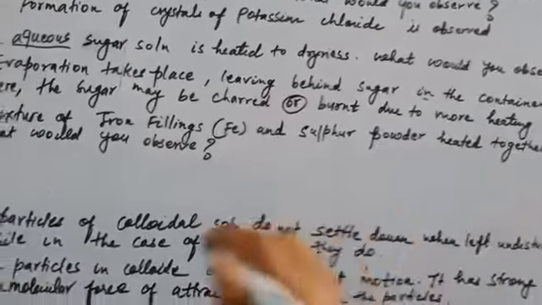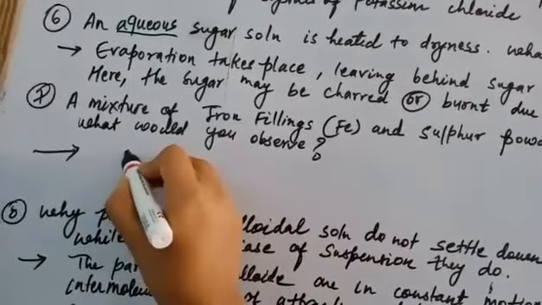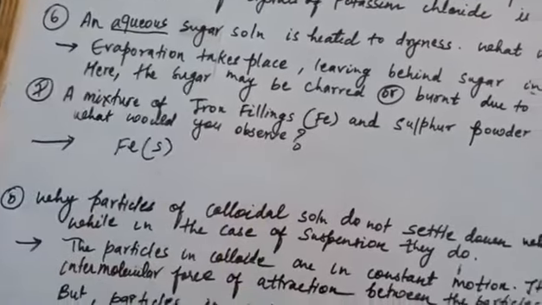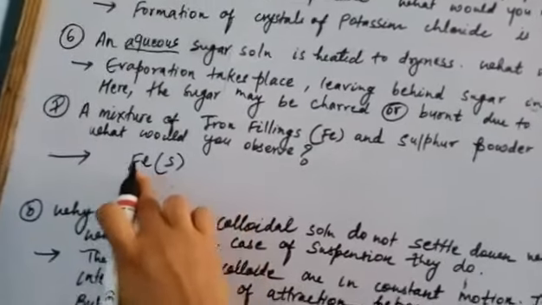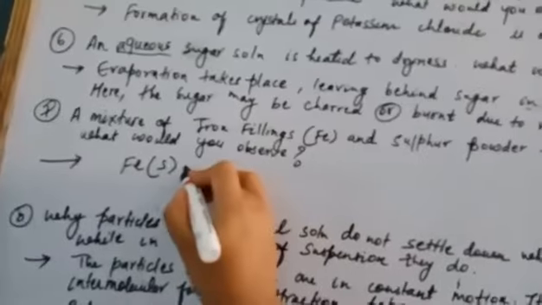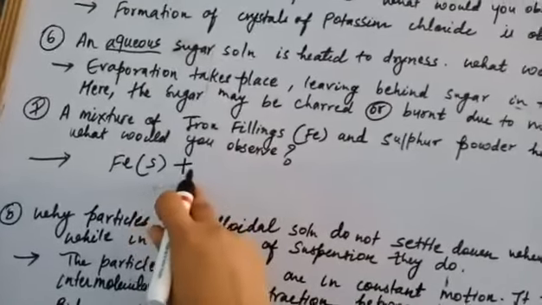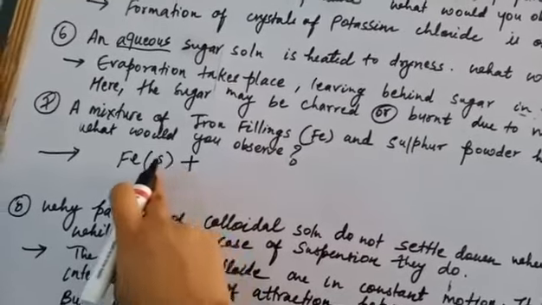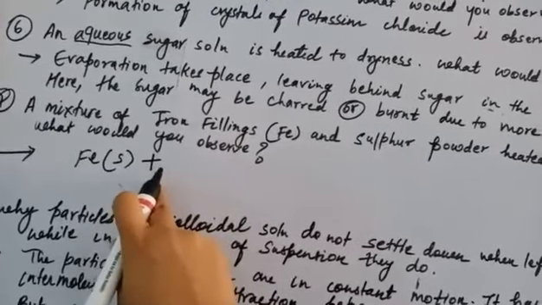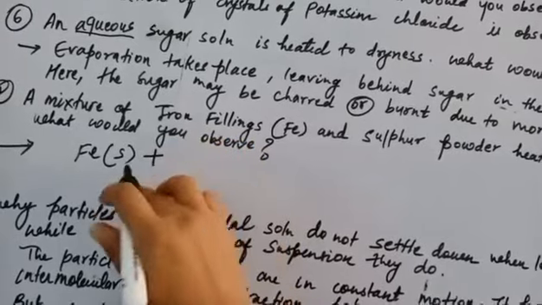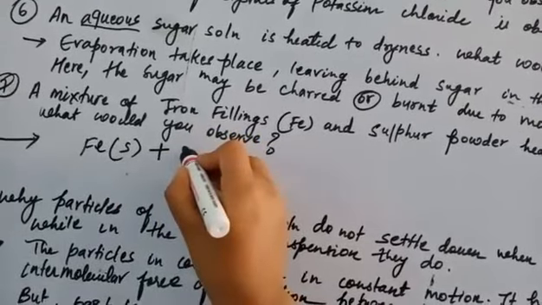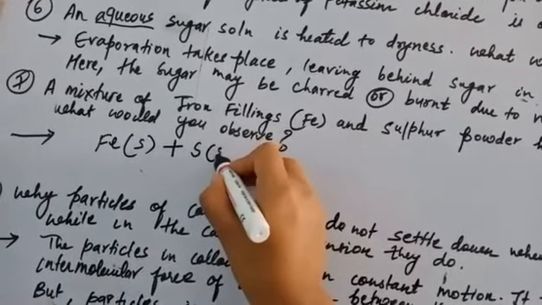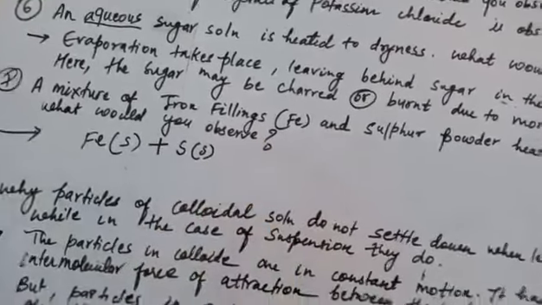You have iron filings, that means iron, Fe. Obviously it is in solid state, so in brackets we will write solid. Reacting means you have to put the plus sign here. It is reacting with what? Sulfur powder. So this is the symbol of sulfur, S. It is also in solid state, so we will write solid here.